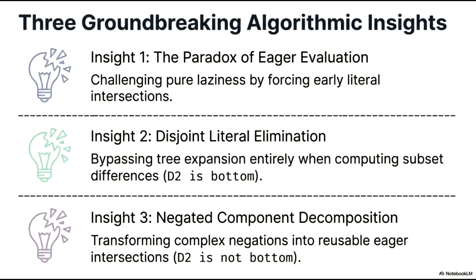Second is disjoint literal elimination, a technique that allows us to bypass tree expansion entirely when computing subset differences, specifically in cases where D2 evaluates to bottom. Finally, we have negated component decomposition. This insight focuses on transforming complex negations into reusable eager intersections, which is particularly effective when D2 is not bottom. These 3 strategies work in tandem to significantly optimize our algorithmic performance.